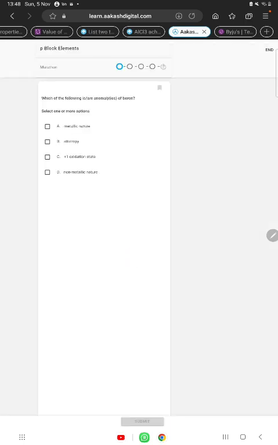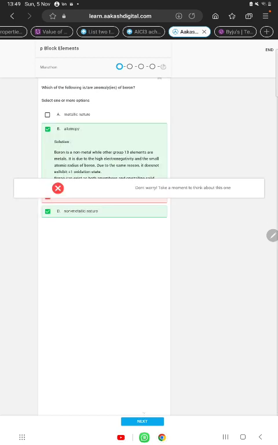Which of the following are anomalies of boron? Metallic cluster, allotropy, +1 oxidation state, non-metallic nature. The anomaly is non-metallic nature and allotropy.